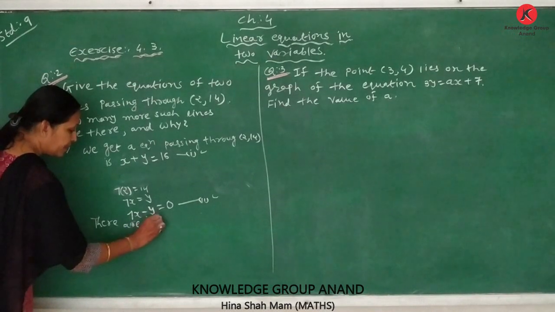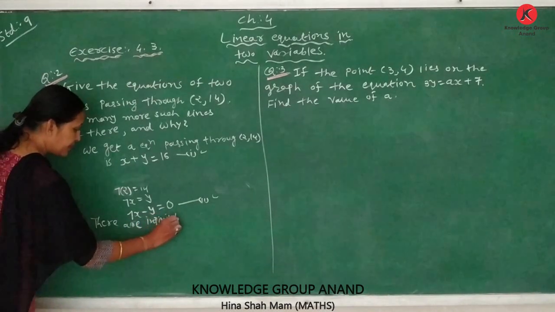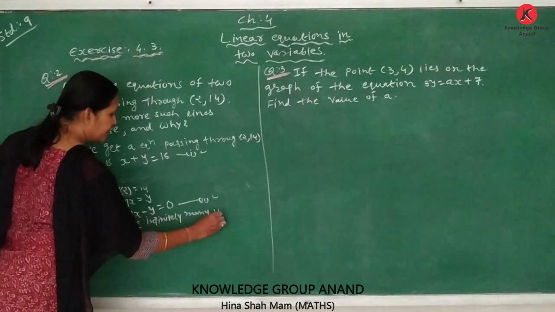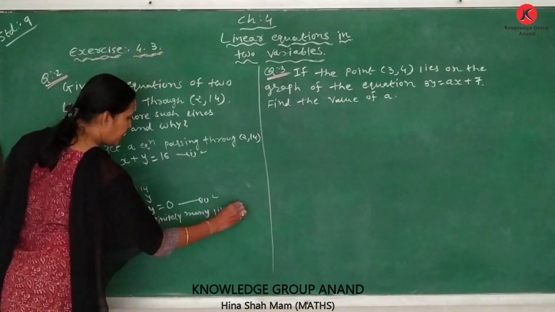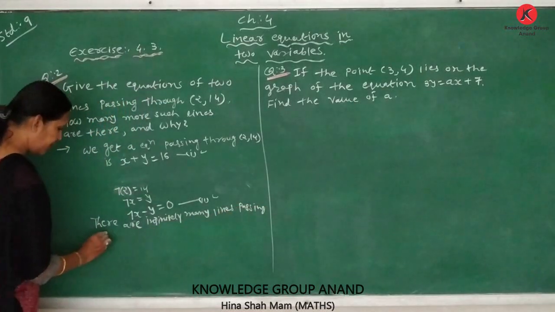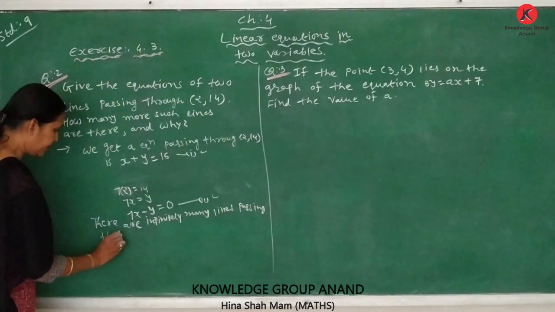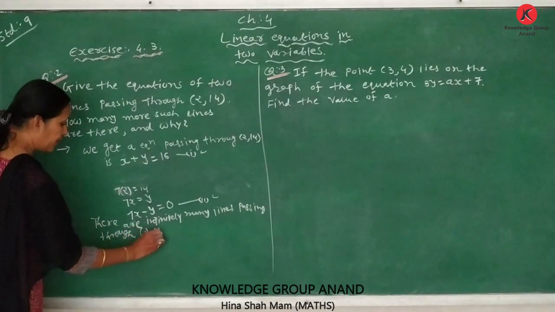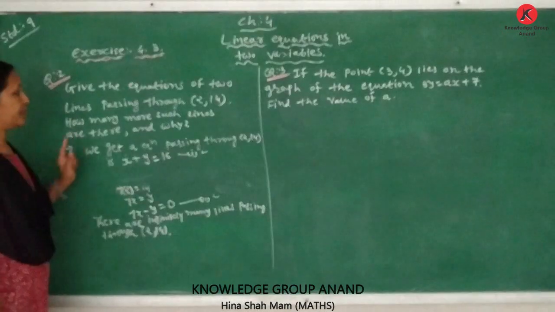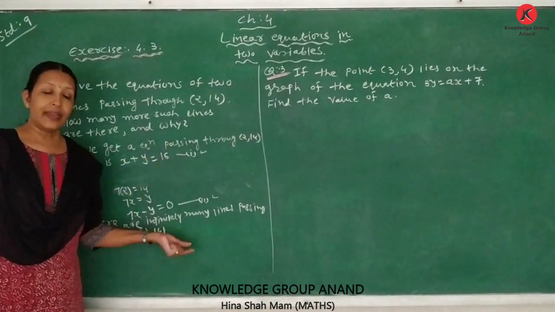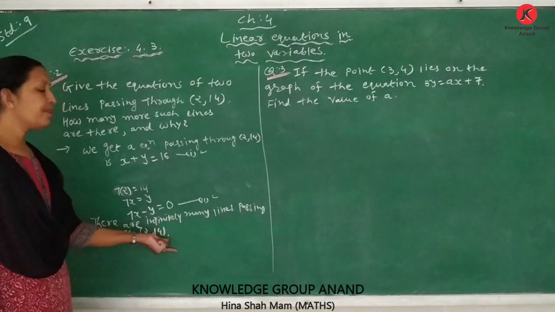There are infinitely many lines passing through (2, 14). Okay, why? Then you give the reason here.